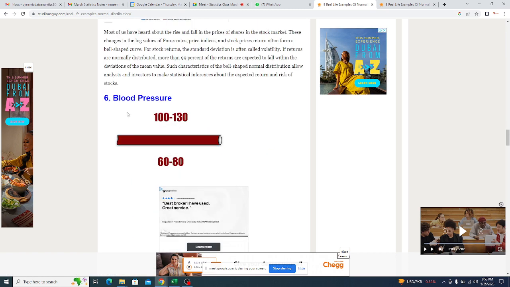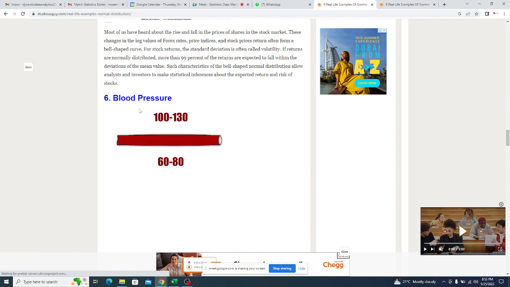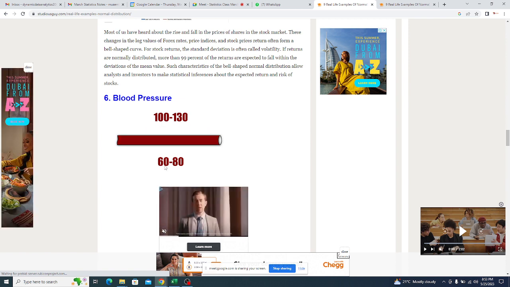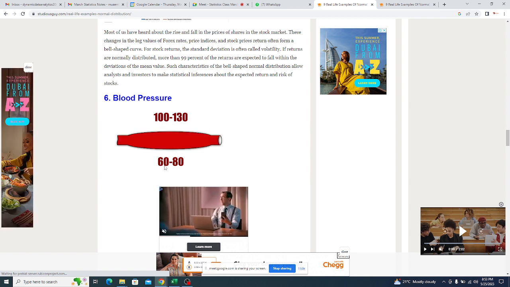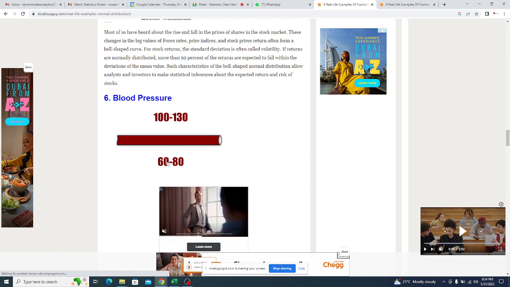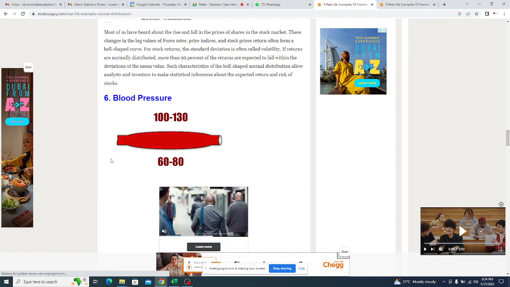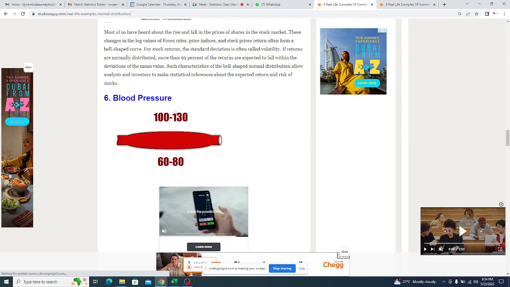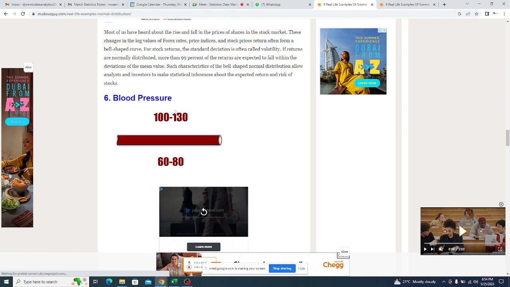Then also the blood pressure. Blood pressure also follows a normal distribution. Let's say people with blood pressure between 60 to 130. Definitely the majority will be having 100 to 115 or 120.